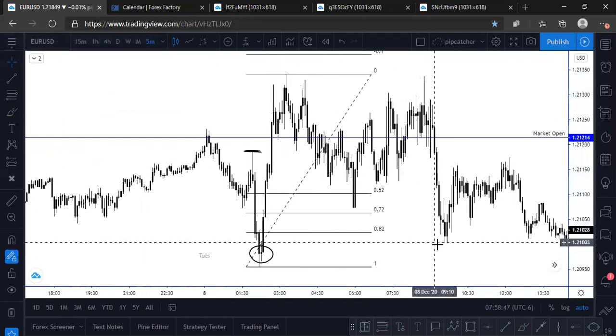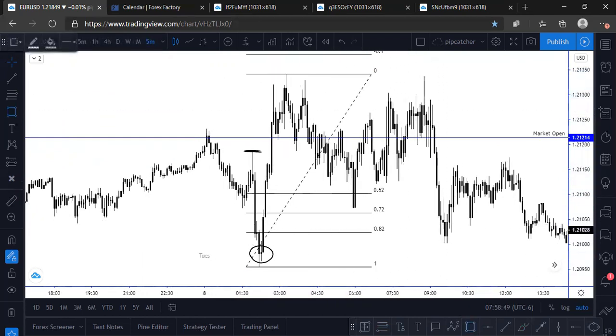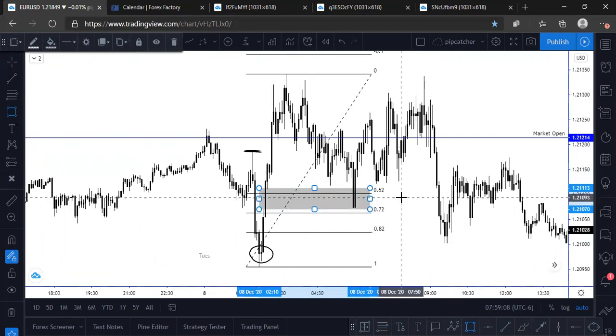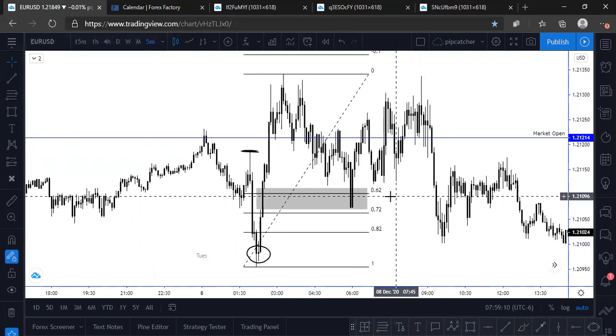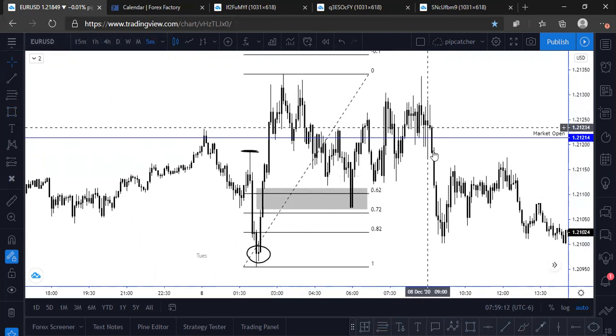So remember that, write that down, because a break of structure is always going to be your guide, right? It's always going to be your guide and direction, even if your bias was overall wrong, like this trade example here, from this inefficiency down into this inefficiency here, even if your bias turned out to be wrong, right?